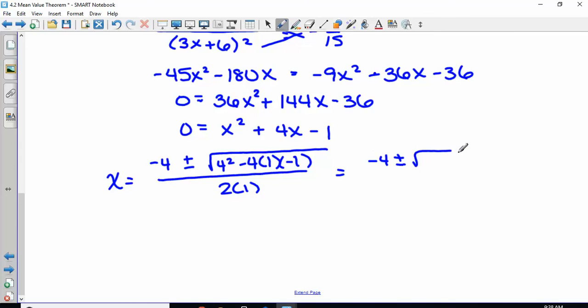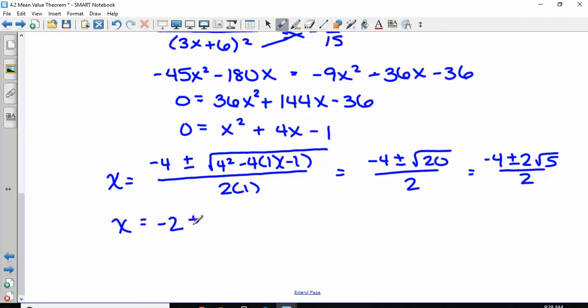So I get 16 plus 4, so that's a 20. I break it into a 4 and a 5. So there gives me negative 2 plus and minus radical 5.